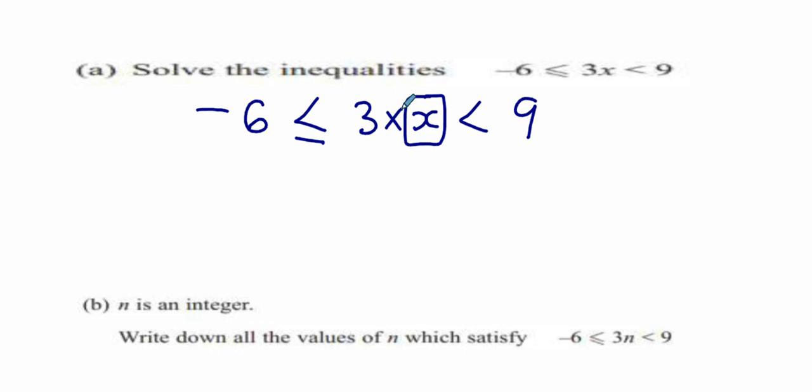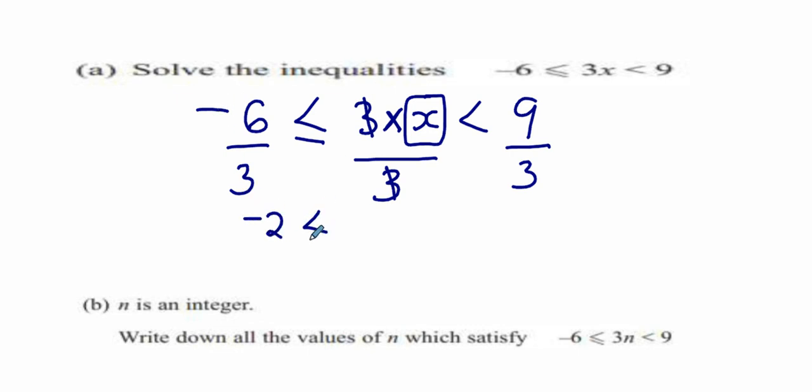So you do the inverse of multiplication, and that is divide by 3 on both sides. So 3 and 3 will cancel. Negative 6 divided by 3 will be negative 2, is less than or equal to 9 divided by 3, which will be 3. Can you see that?